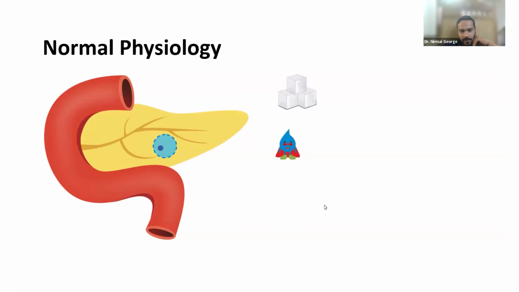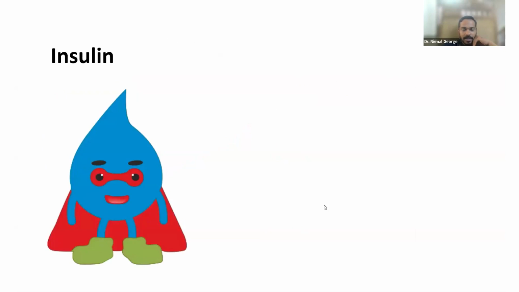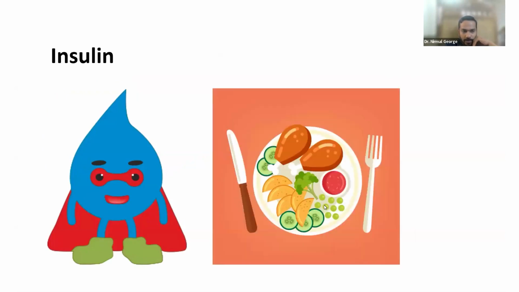The secretion of insulin is stimulated by glucose, amino acids, fatty acids, and also ketone bodies. So the primary stimulus for insulin secretion is food. When you consume food, it stimulates the central nervous system to release norepinephrine and acetylcholine, which will stimulate insulin secretion.